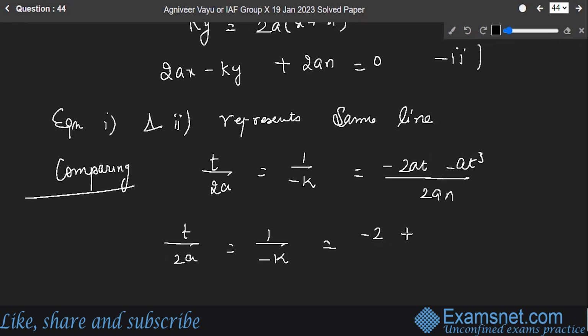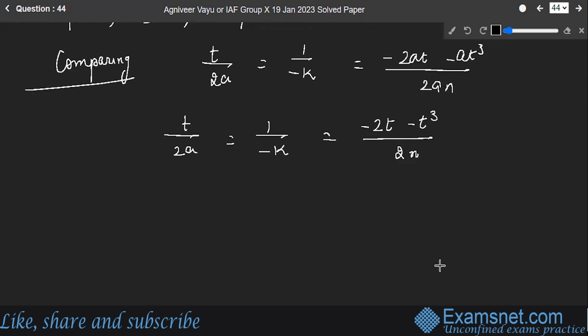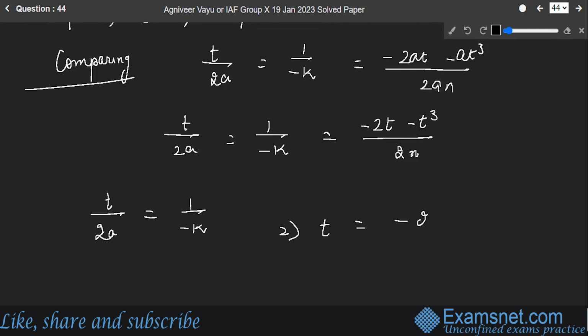Cancelling the a from the numerator and the denominator, t upon 2a is equal to 1 upon -k is equal to (-2t - t^3) upon 2h. So t upon 2a is equal to 1 upon -k, or t is equal to -2a upon k. Let's say this is equation 3.